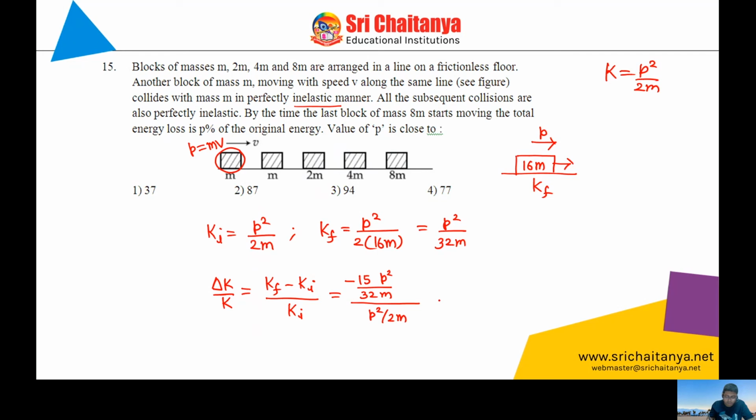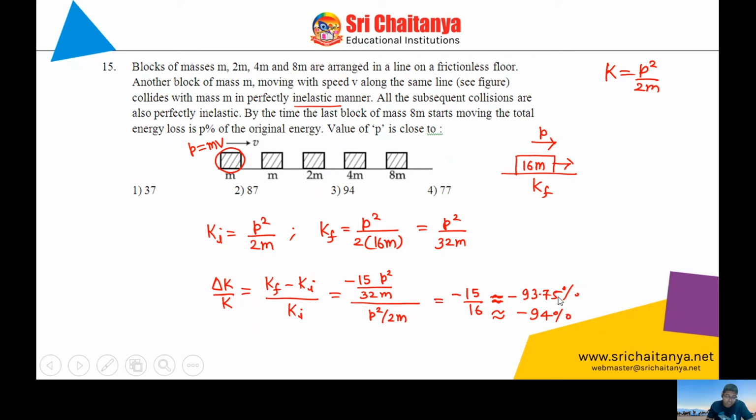Simplifying, you will simply get minus 15 by 16, and in percentage that would be minus 93.75%. That is the exact value, and it can be approximated as minus 94%.